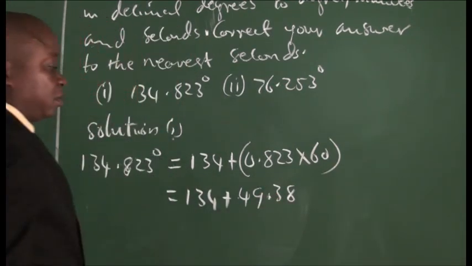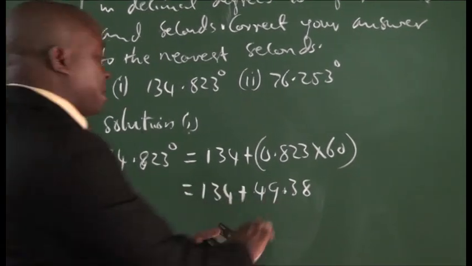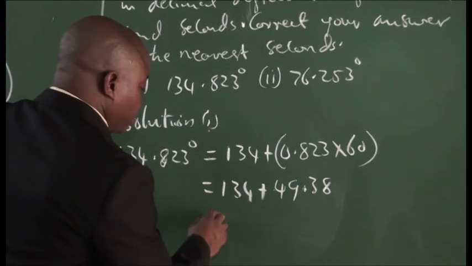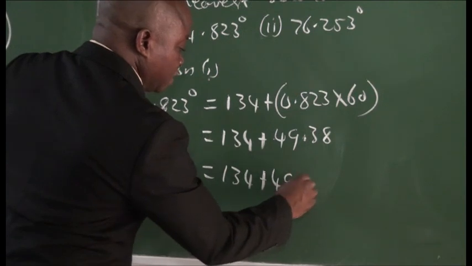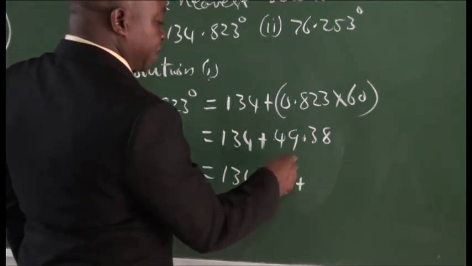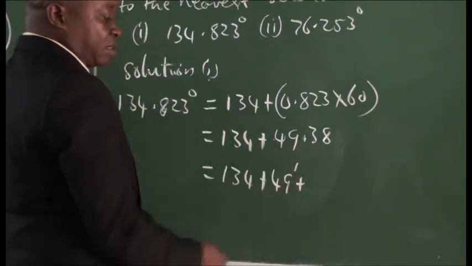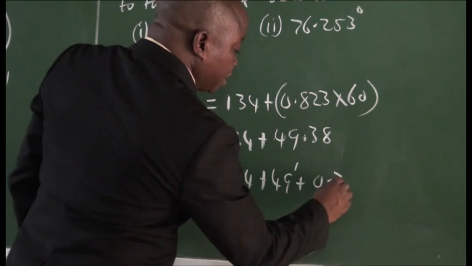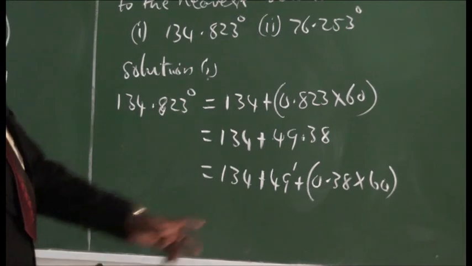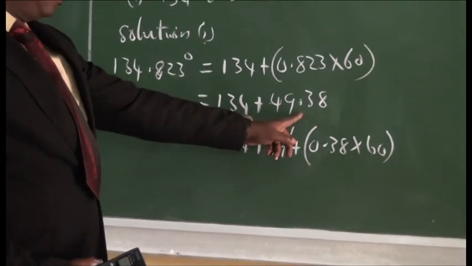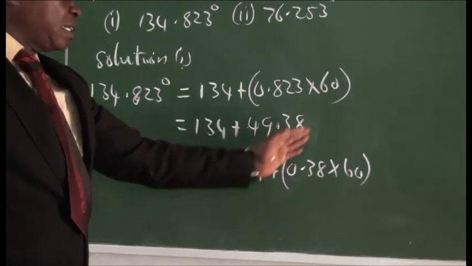All right. So we have another decimal part. So we'll write it in this form, plus 49. Now this is 49 minutes. So we'll now go for the seconds by saying 0.38 times another 60.